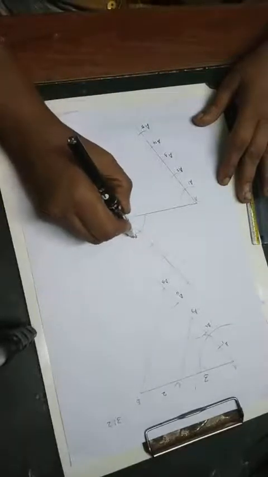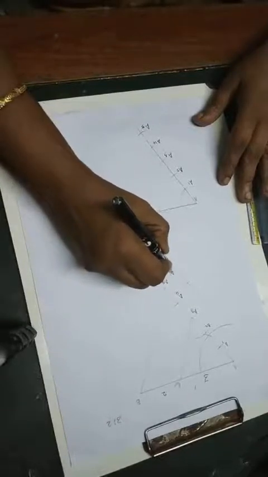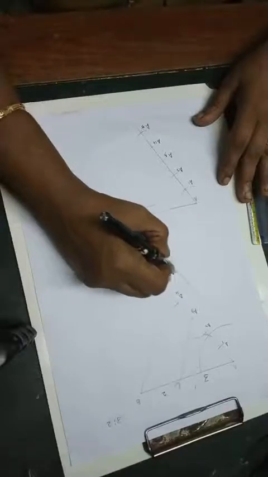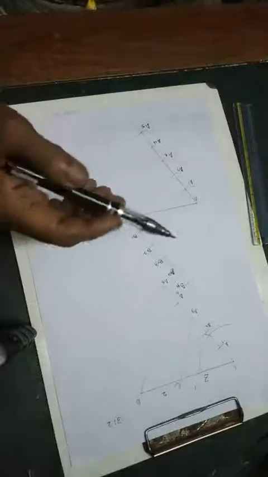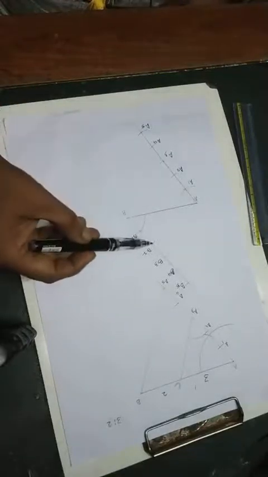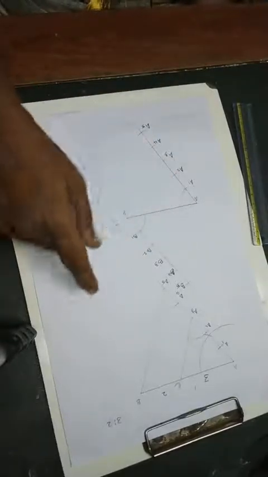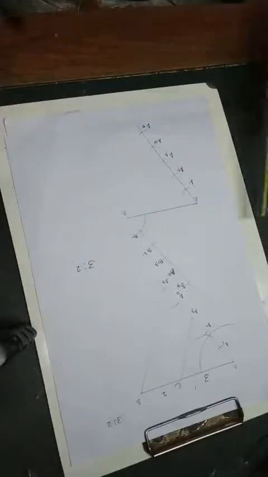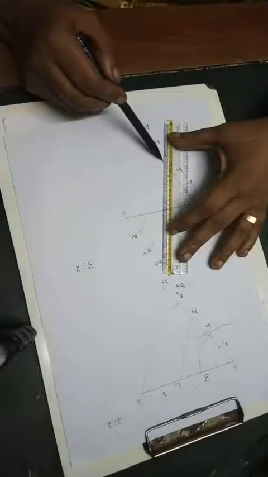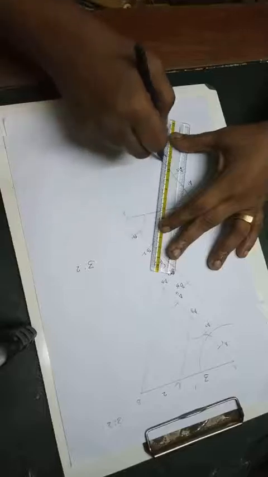Here B1, B2, B3, B4 and B5. Now join A3 to B2. Why? We are dividing in the ratio 3:2. So A3 is here and B2 here. Let us join that.